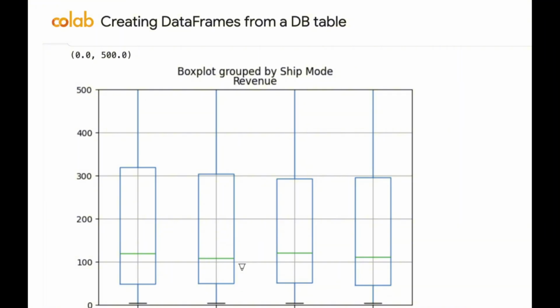So one possible conclusion is that the decision of which shipping mode to use may not be driven by, or not that much correlated with, the total amount of money you spend on your order, right? So this is something we may possibly get from this kind of plot. Of course we're doing some tasks, but more importantly, what we want to do is see what kind of conclusion we draw.